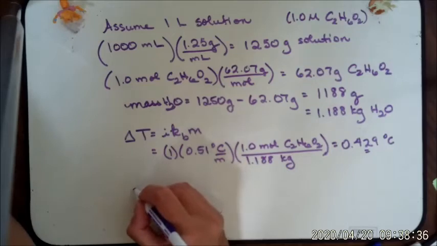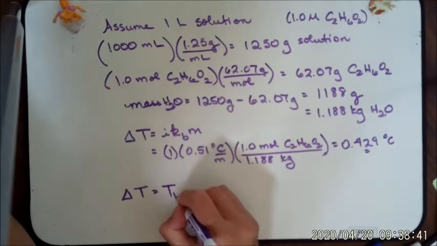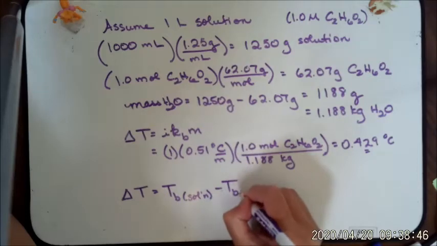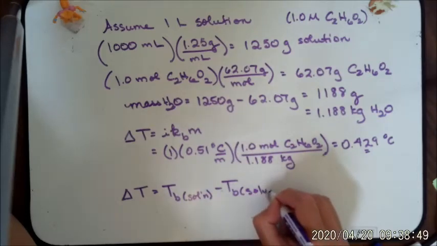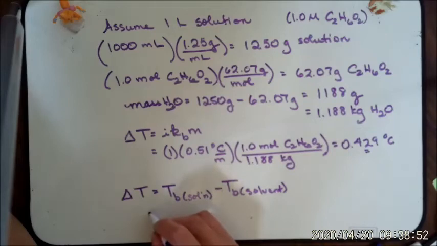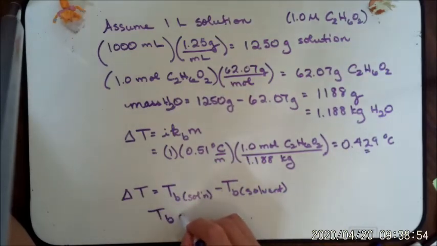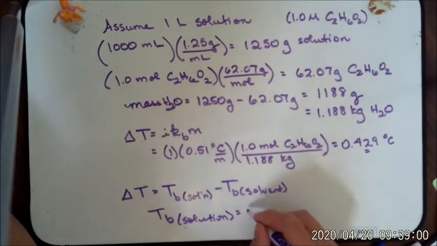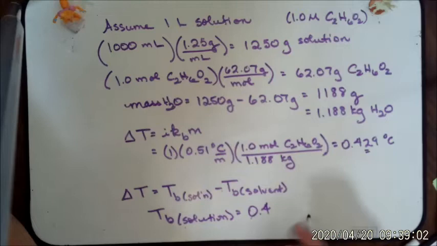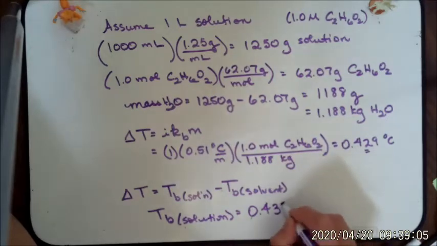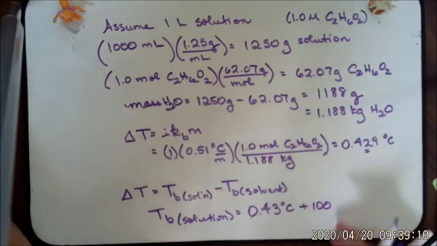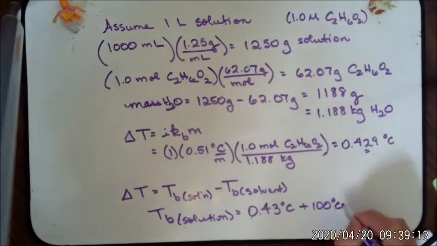Now, delta T is equal to the boiling point of my solution minus the boiling point of my solvent. So we know that the boiling point of my solution would be equal to 0.43, 2 sig figs now, plus the 100 degrees Celsius.